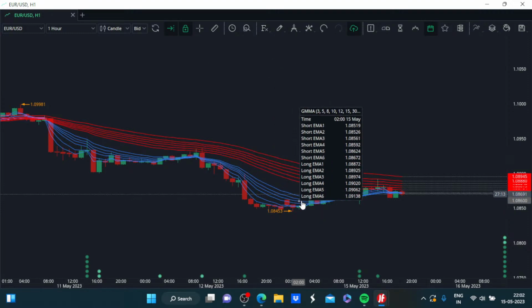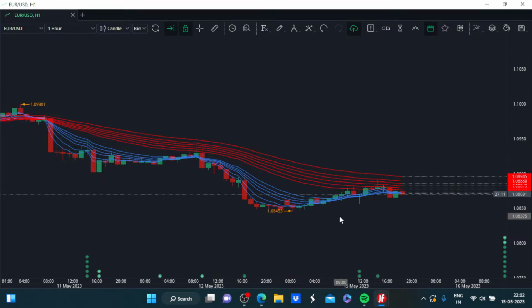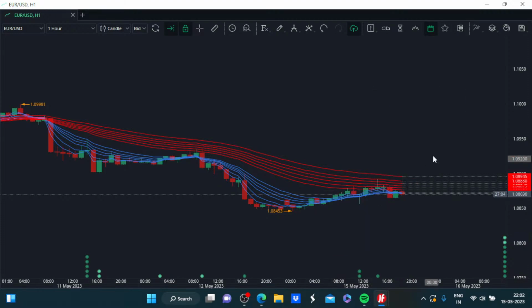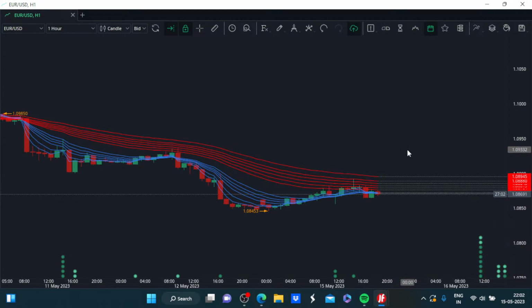You can go for profit booking as things are changing, the momentum is shifting. Maybe if things stabilize again and further on we see a fresh decline, fresh initiation of the momentum on the lower side, where these short length EMAs start to drop again, then maybe that will be a more appropriate time to get involved and initiate a new trade. So that's how the basic functioning is.